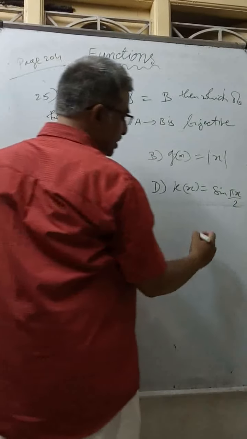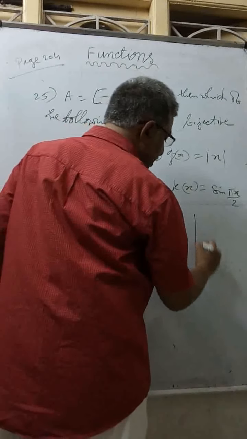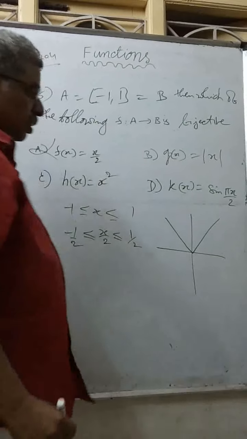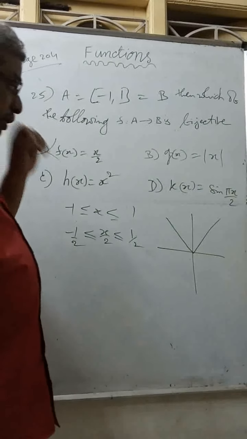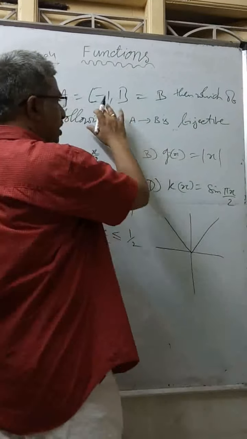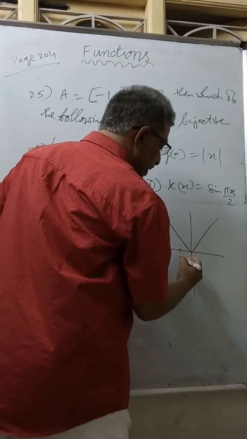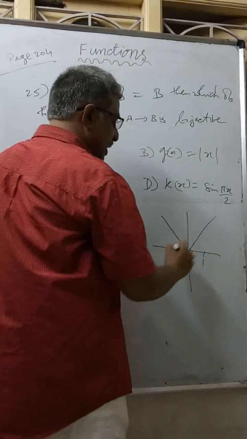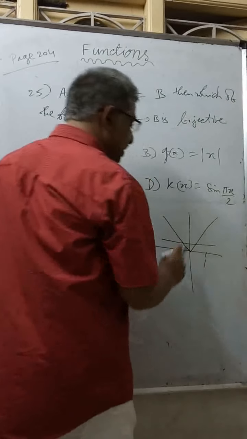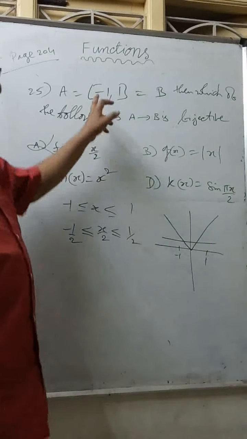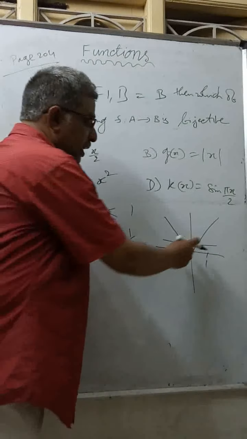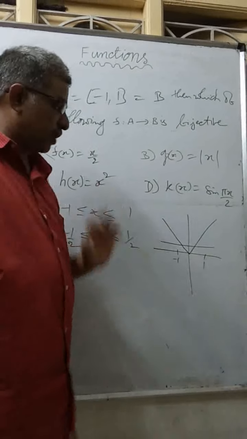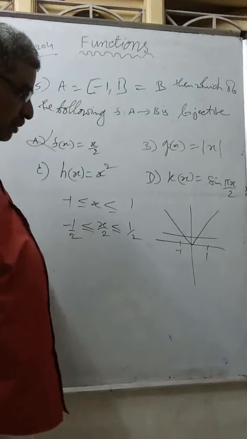Again, g of x is mod x. Yesterday only we discussed it. Again we will take it. The mod x graph is like this. So it is not at all one-one. If x is from minus 1 to plus 1 and I take any line parallel to the x-axis, it intersects the curve at 2 points within minus 1 to plus 1, which means it is not one-one. One-one means it intersects at only 1 point, I told you.